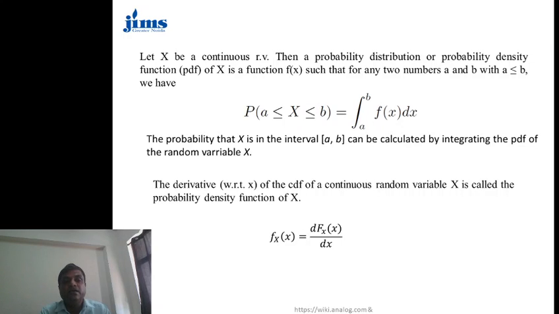So the probability that x is in the interval a to b can be calculated by integrating the PDF of a random variable. The PDF of a random variable is called f(x).